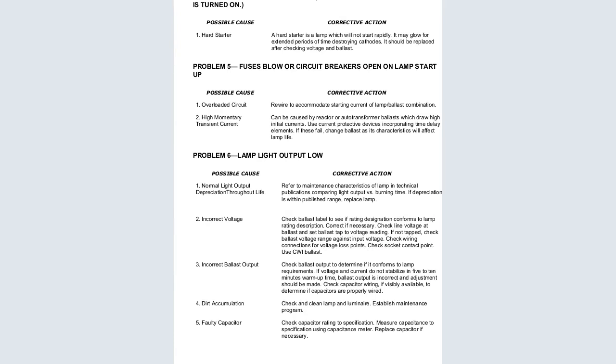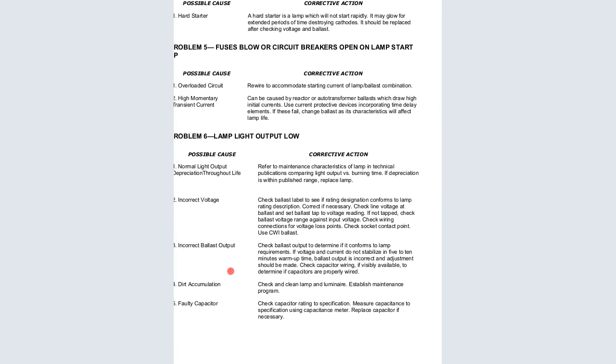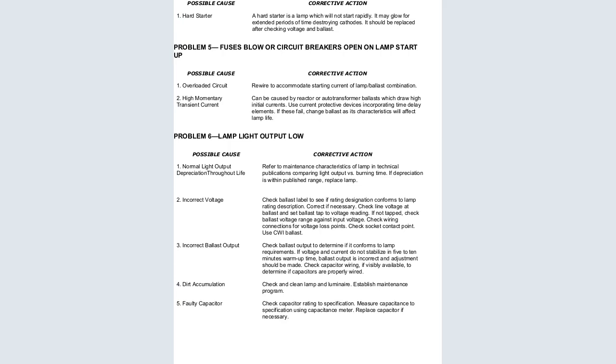Another one is that the lamp light output is low. So when the lamp light output is low, what happens? Normal light output shows depreciation throughout the life.